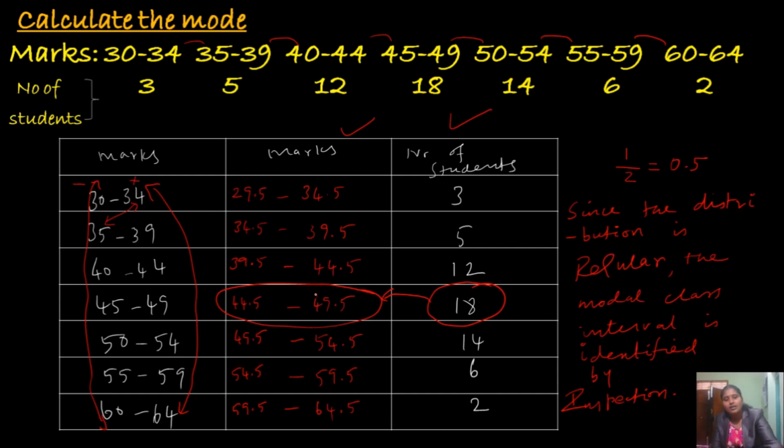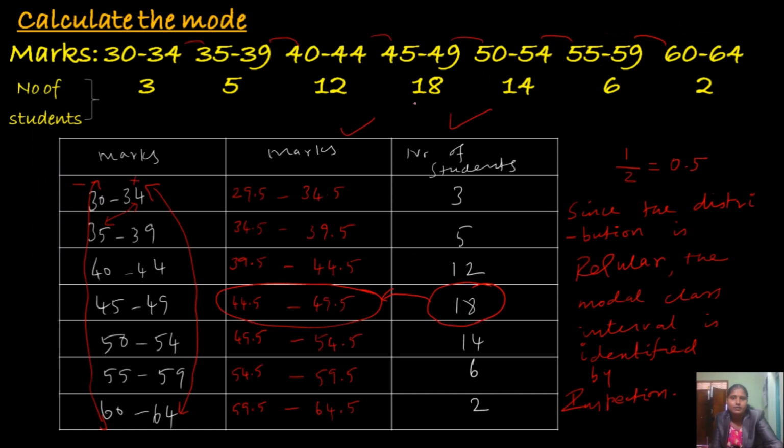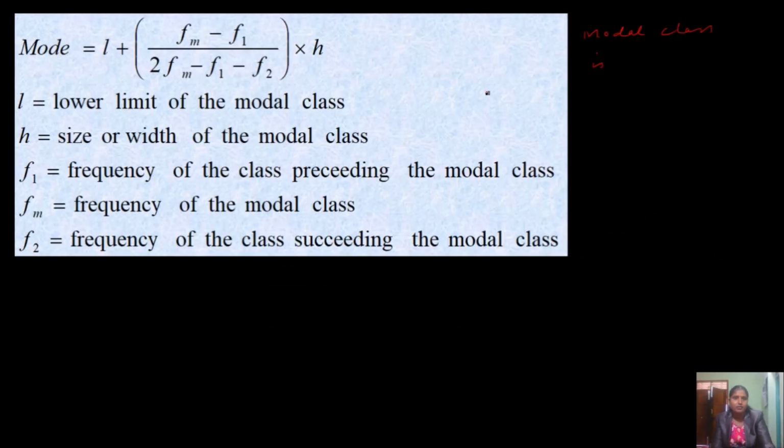Then we make use of the formula: mode is equal to L plus (Fm minus F1) over (2Fm minus F1 minus F2) into H. Here we have the modal class 44.5 to 49.5.